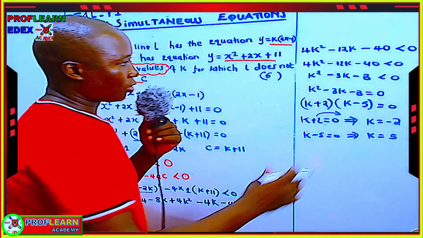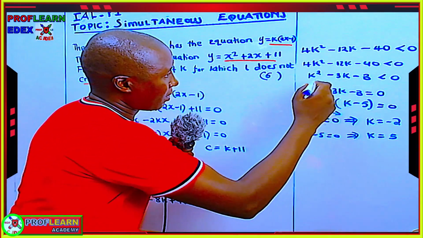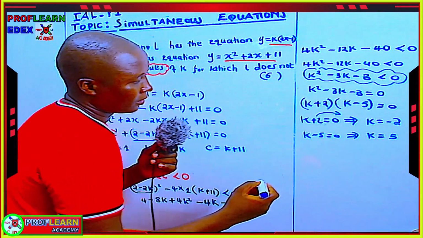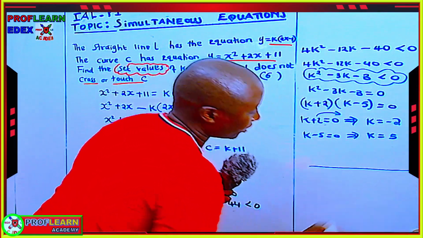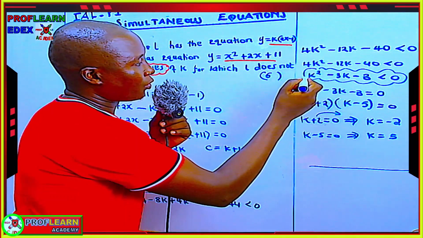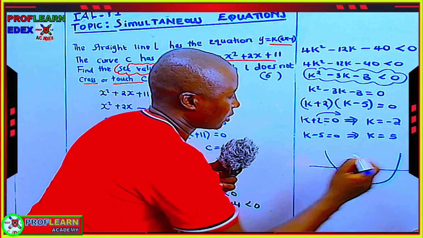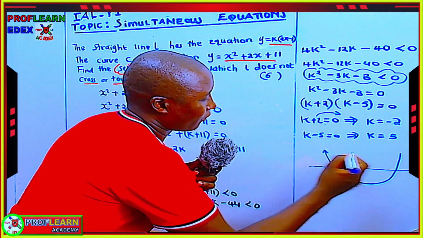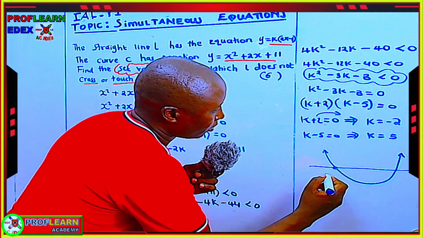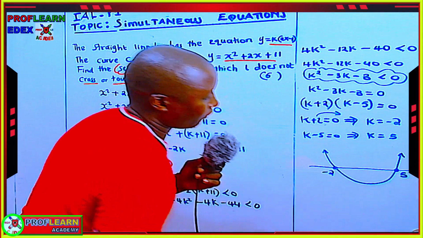Now, because we are supposed to find the set of values of k, remember, whatever we were solving was a quadratic inequality. So we sketch the graph the way it looks. The graph has a positive coefficient of k squared, meaning the quadratic opens upward. The solutions we have gotten are negative 2 and positive 5.